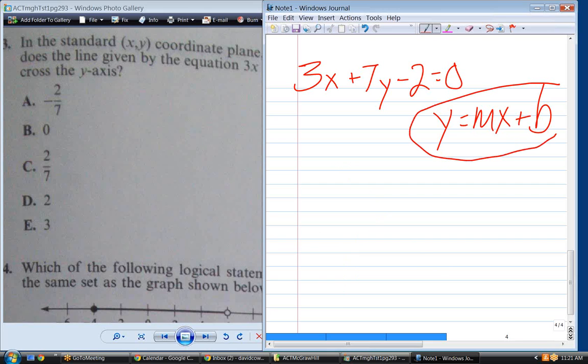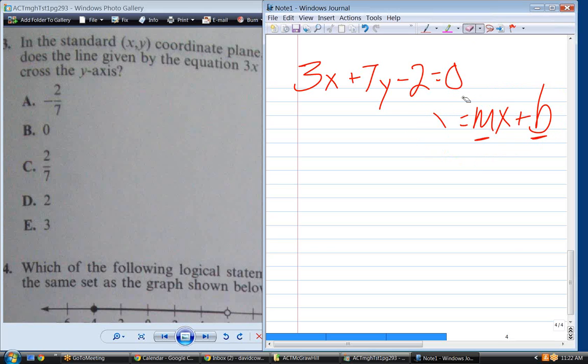In other words, when I get this equation into that format, what's the y-intercept? What letter? B. I don't know what the number is yet. But once I get it into y equals mx plus b format, m is the slope, b is the y-intercept. That's why it's called slope-intercept format.